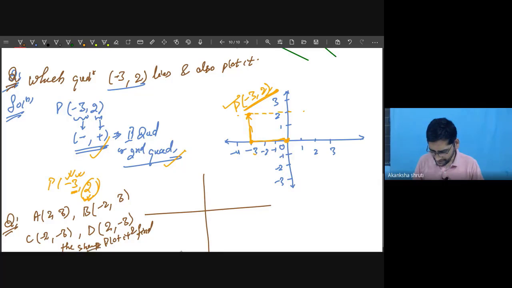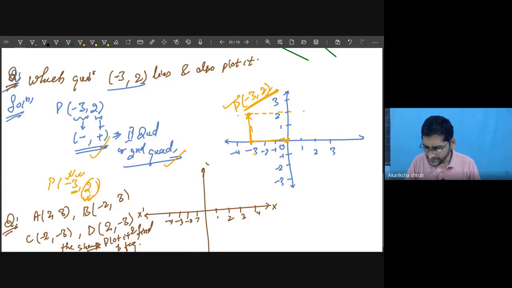So wherever a shape or figure is forming, you need to first plot it. So you can plot it quickly. 1, 2, 3, 4, minus 1, minus 2, minus 3, minus 4. So this was on the x-axis.